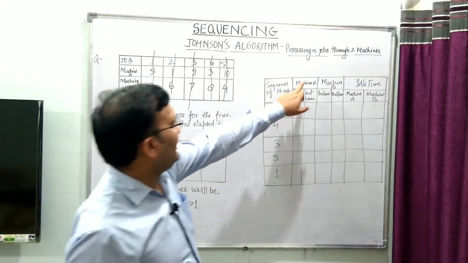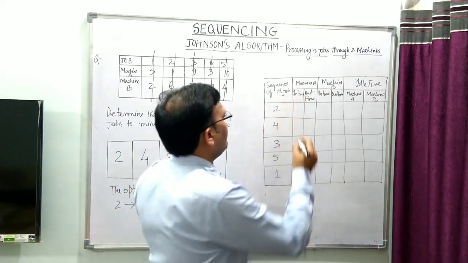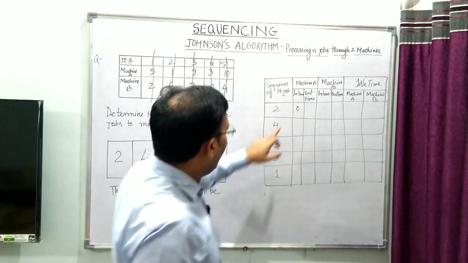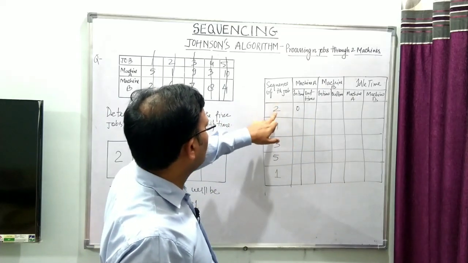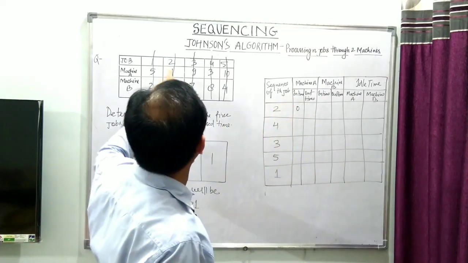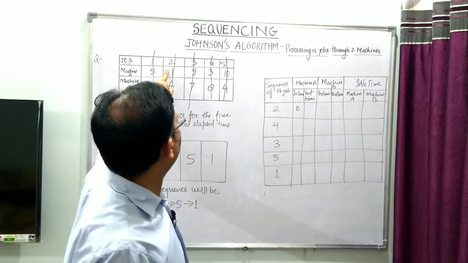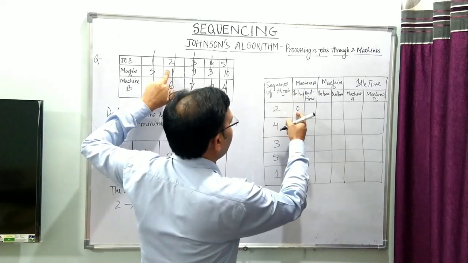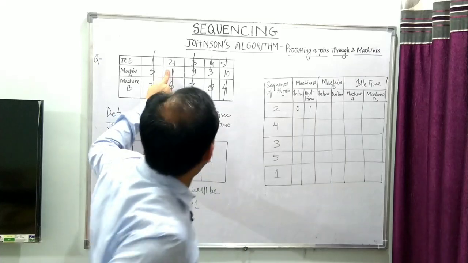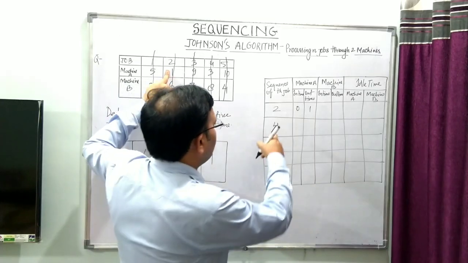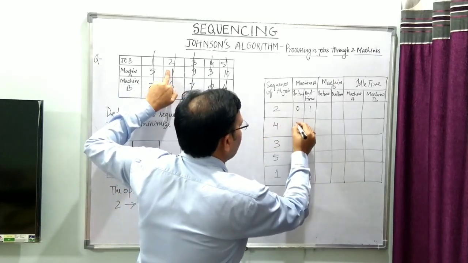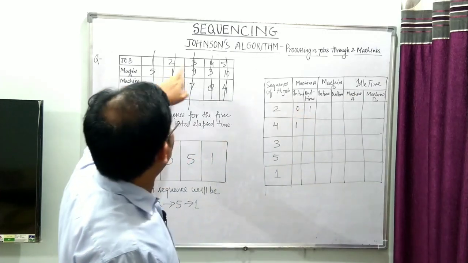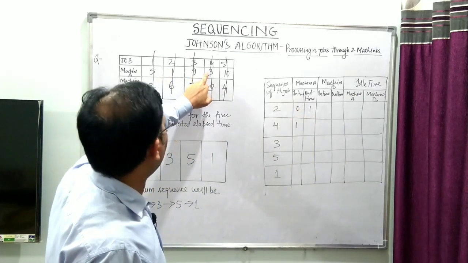So for machine A the in time will start at 0, right? How much time will it take for job 2 at machine A? See, job 2 at machine A, it is 1, so it will finish at 0 plus 1, which is 1, right? Then job 4 will be starting at 1, and for job 4 how much time does it take? 3 hours.